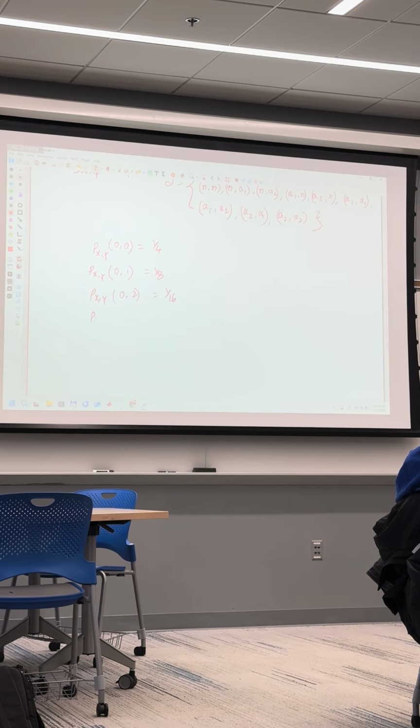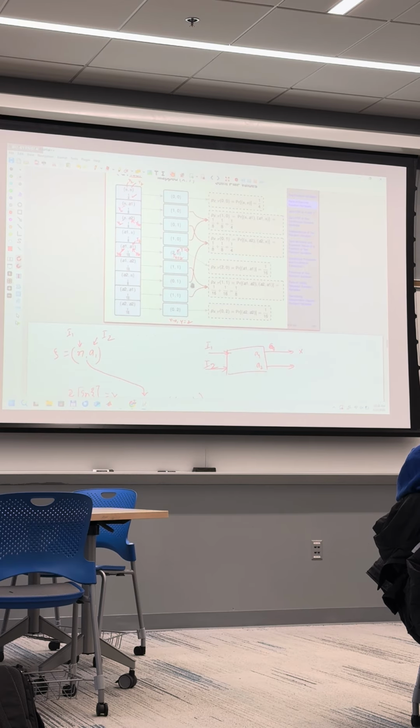PMF of X, Y taking value 1, 0 is going to be 1/8. PMF of X, Y taking value 1, 1 is going to be, what was 1, 1? 1/16?